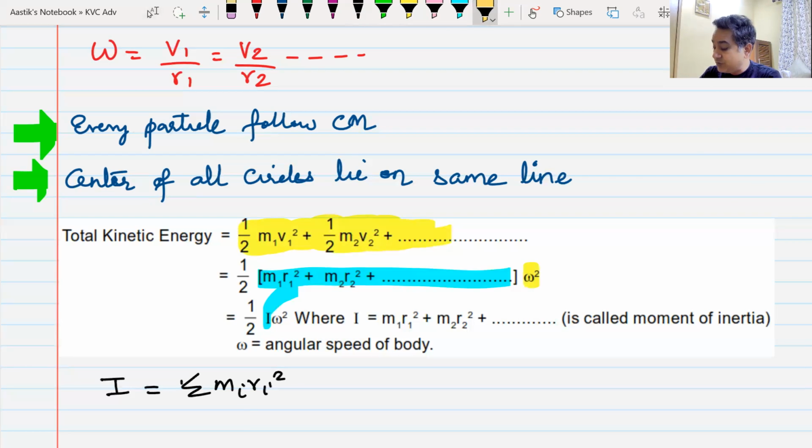This I is known as moment of inertia. And this is the concept that is going to come now. I'll give you 2 minutes to note it down.